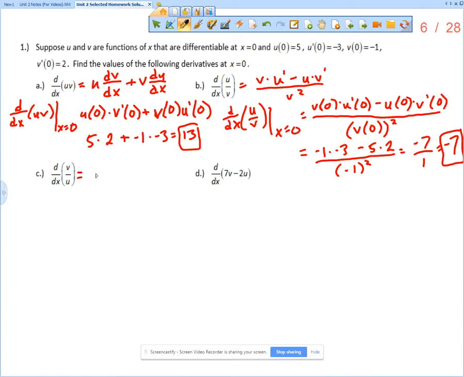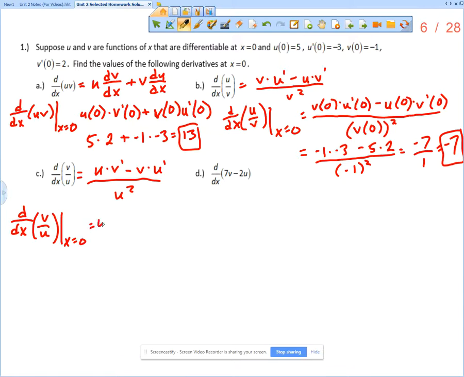So using the quotient rule, remember, we have to take the denominator, u, times the derivative of the numerator, v prime, minus numerator, v, times the derivative of the denominator, u prime, all divided by the denominator, u squared. All right, and so now once again, using proper notation, d dx of v divided by u evaluated at x equals 0.